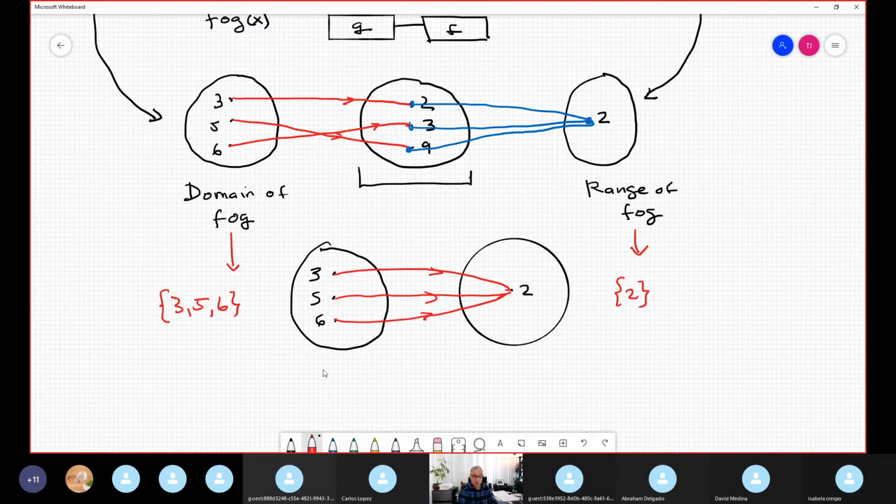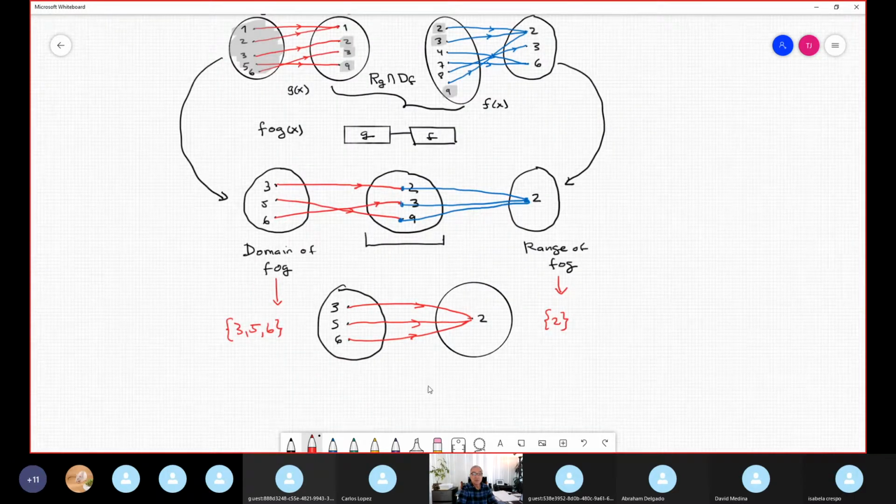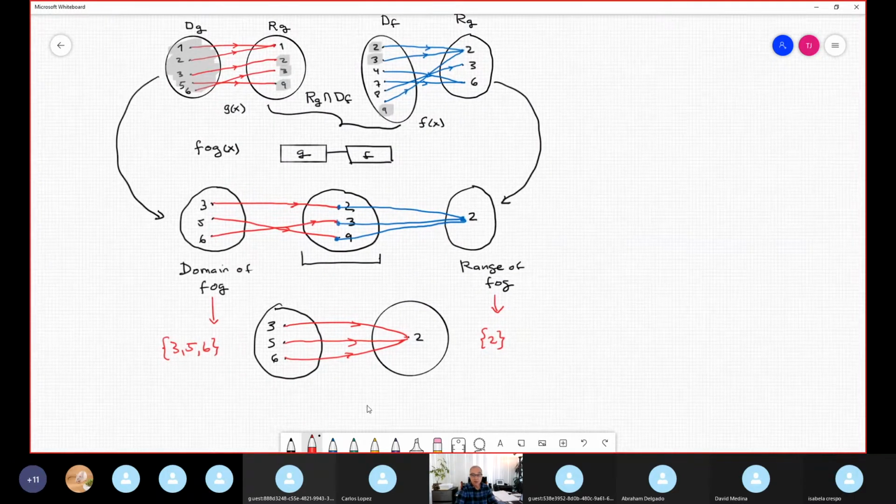All right, now I want, using this information, to compute, for example, F composition G evaluating 3. Okay.